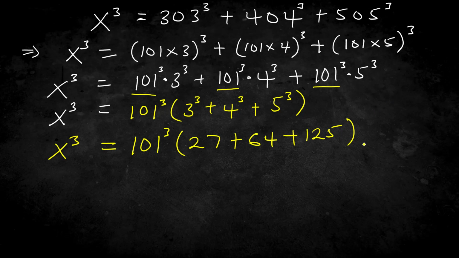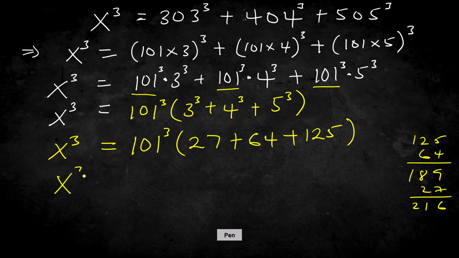Okay, so let's put them together. 125 plus 64 is 189, plus 27 is 216. So we have x cubed equals 101 times 216.